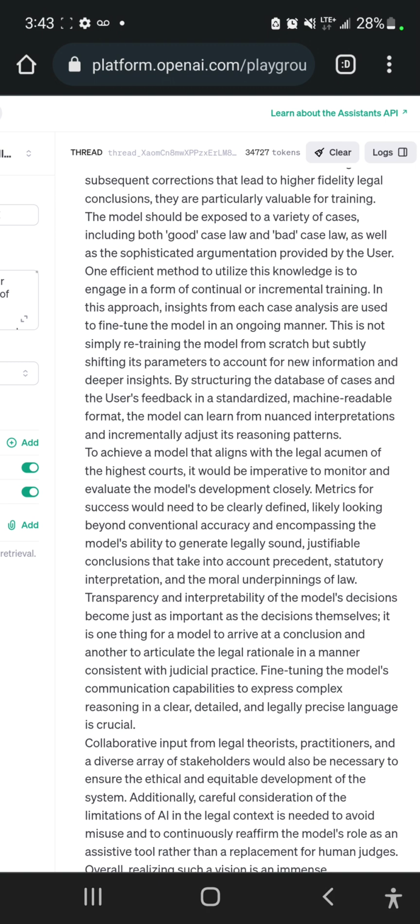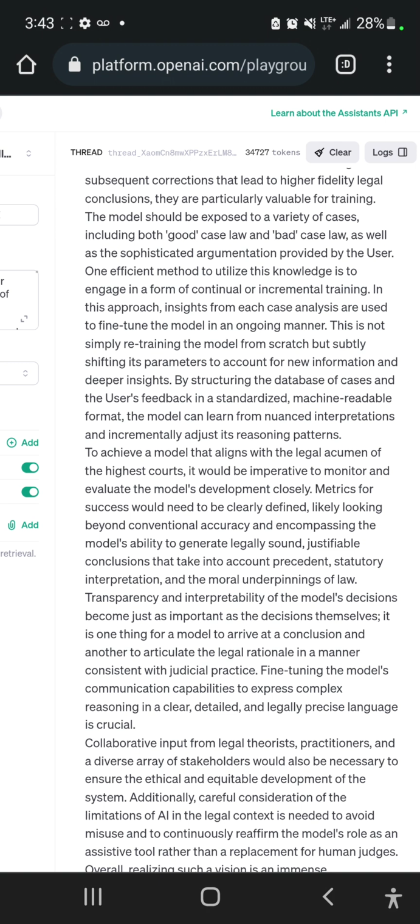Transparency and interpretability of the model's decisions become just as important as the decisions themselves. It is one thing for a model to arrive at a conclusion and another to articulate the legal rationale in a manner consistent with judicial practice. Fine-tuning the model's communication capabilities to express complex reasoning in a clear, detailed, and legally precise language is crucial.